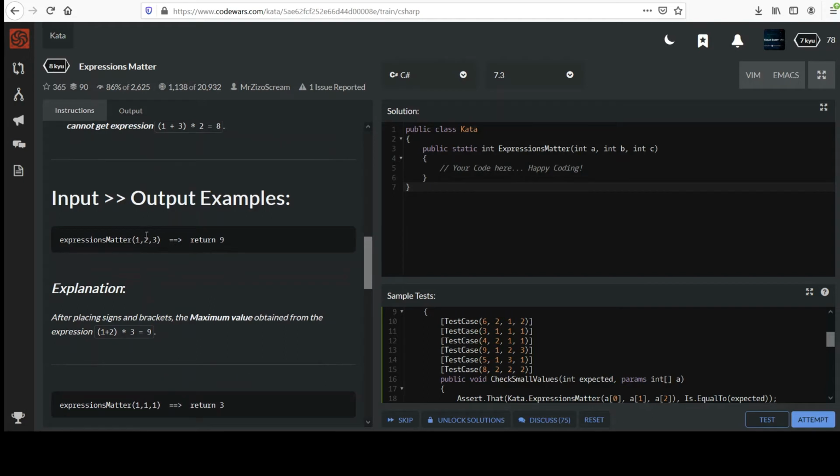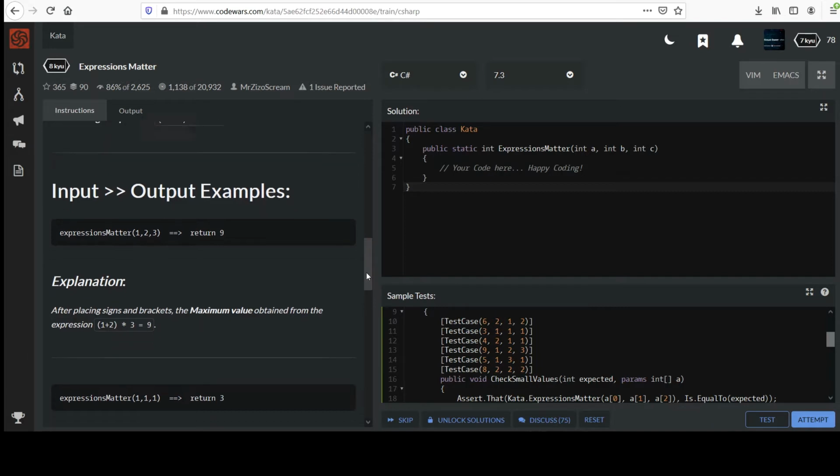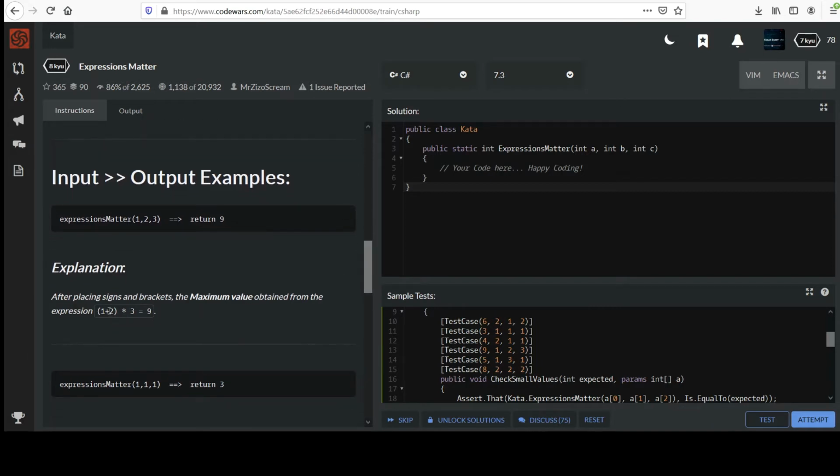And so they, again, are saying that if you run this one, you get 9 as the highest output. Explanation: after placing signs and brackets, the maximum value obtained from the expression. Yeah, 1 plus 2. Notice multiplying doesn't help you because anything times 1 is itself.